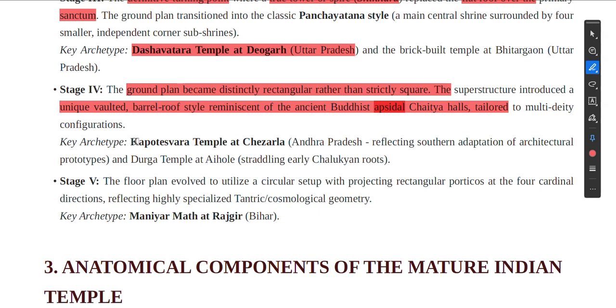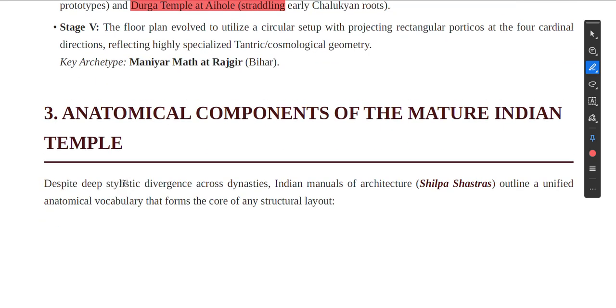Kapoteshwara temple at Ter, Andhra Pradesh is an example of this, and the Durga temple at Aihole. Then stage 5, where the floor plan evolved to utilize a circular setup with projecting rectangular porticos at the four cardinal directions. An example is Maniyar Math at Rajgir.